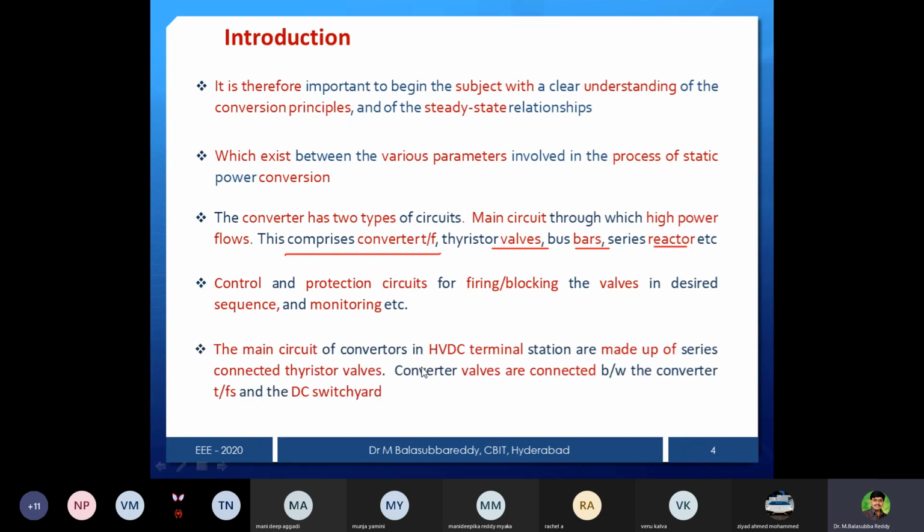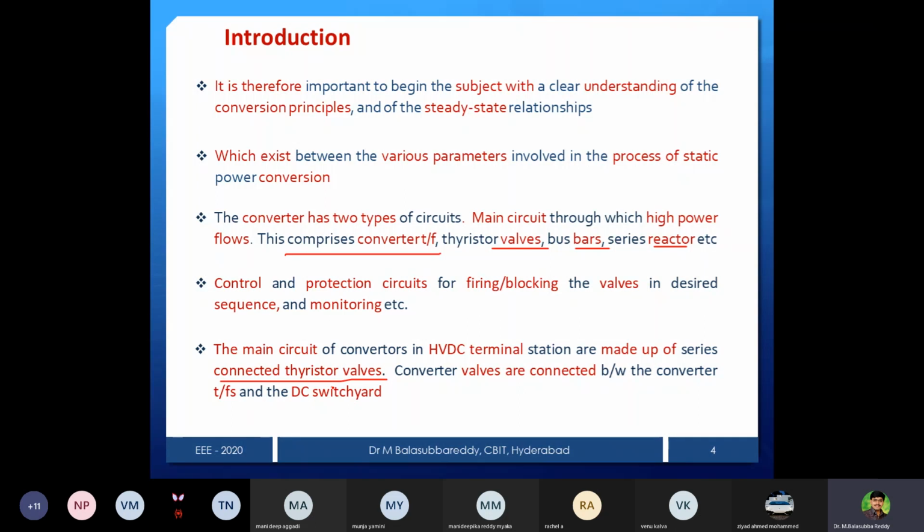The main circuit of converters in an HVDC terminal station is made up of series-connected valves. I have quoted this many times. A number of devices are connected in series to reach a voltage level, or connected in parallel to meet a current demand.